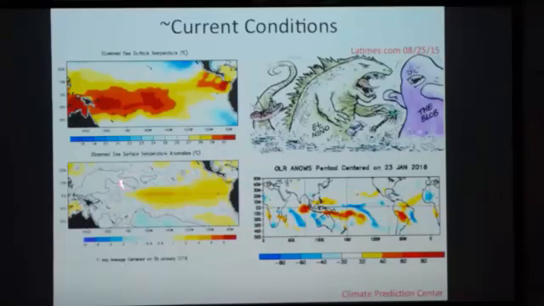It shows anomalous warm sea surface temperatures across both the central and eastern Pacific, with amplitudes on the order of maybe 3 to 4 degrees C above normal. So this is certainly living up to its reputation as a very powerful El Niño.